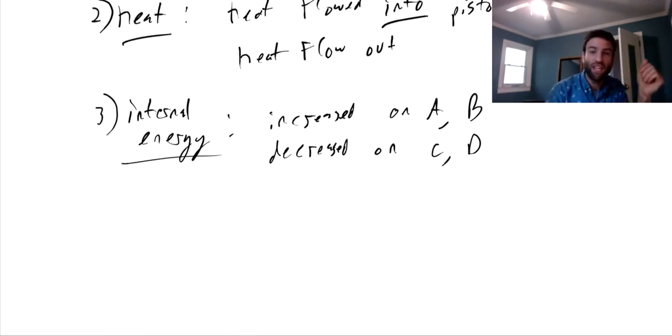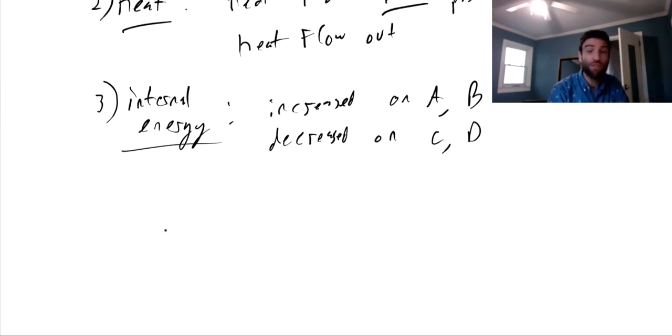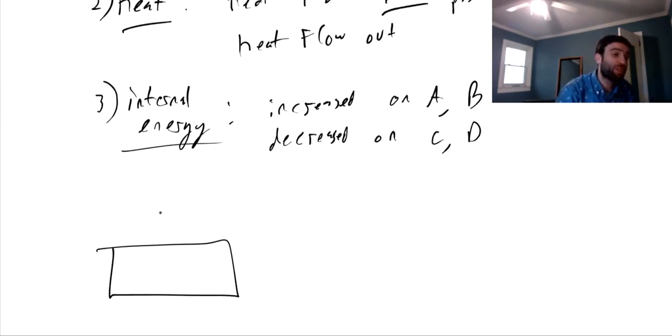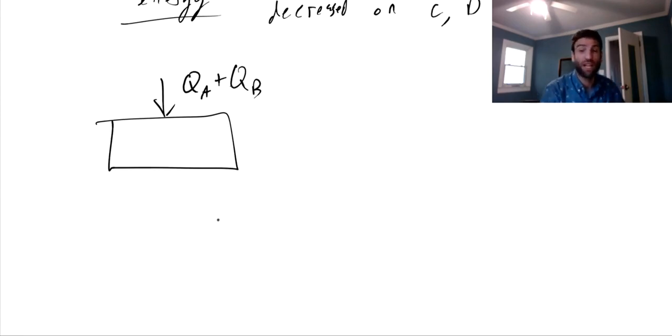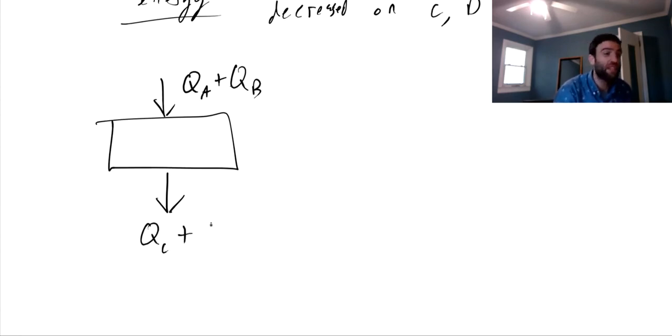Okay. After all of this, what is it that we have? We have a piston which is accepting a certain amount of heat, QA plus the amount of heat on segment B. That's when we were holding it over a fire. It's spitting out on different parts of the cycle the heat from segment C and the heat from segment D, right? That's when we had the piston in an ice bath or exposed to cold air.